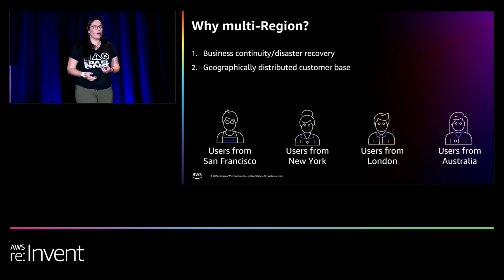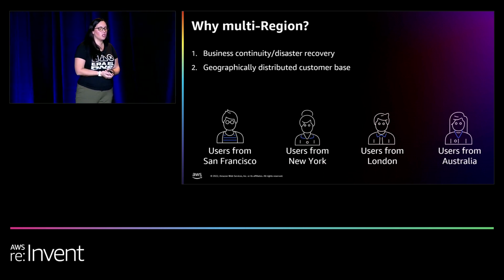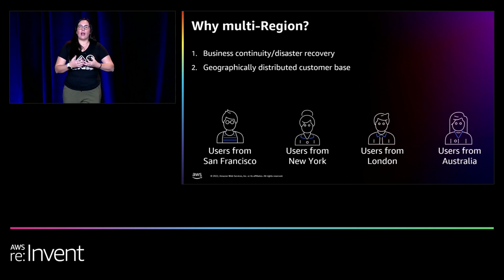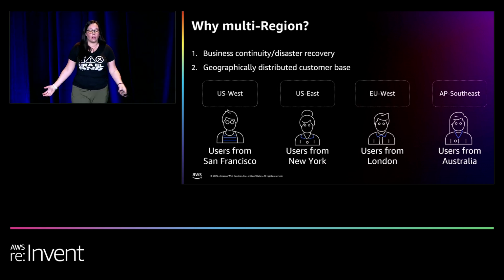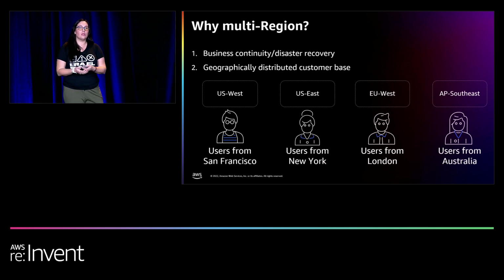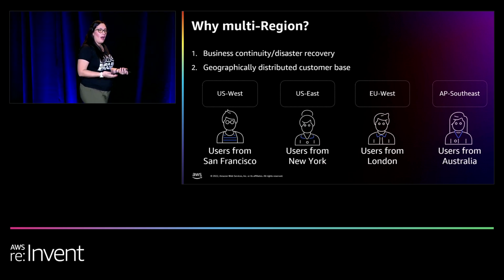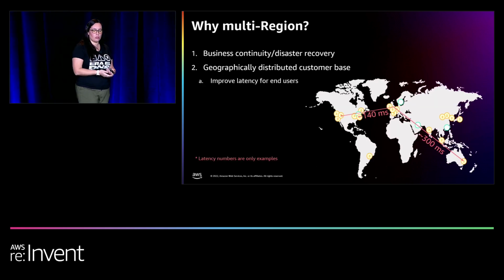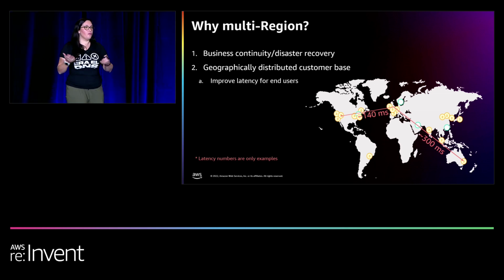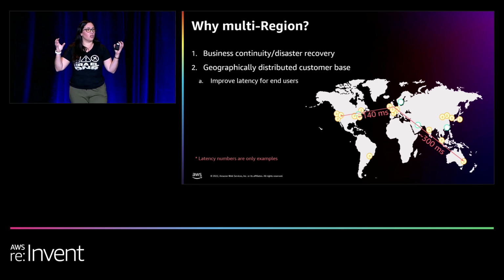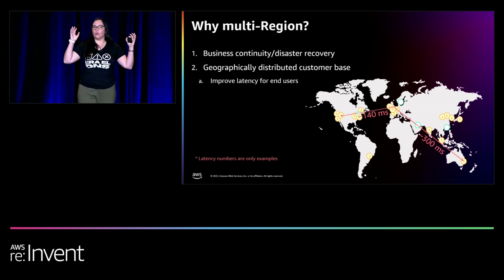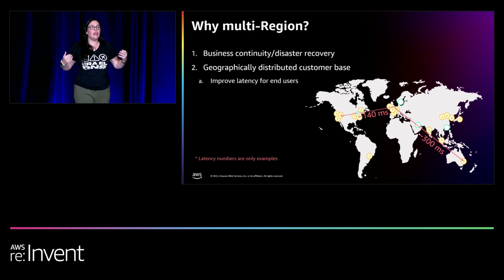The second reason why customers want to go multi-region is because you have a global application, and you have customers that are distributed all around the world. So you want to serve your customers the best way possible. And for that, you use the region that is closest to them, because again, the laws of physics, latency, as it affects your servers or application latency to connect one backend to another backend in a different region, it also affects your end users.